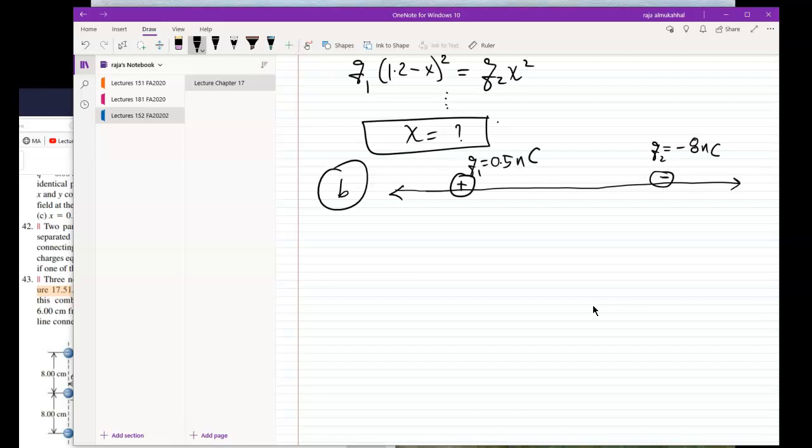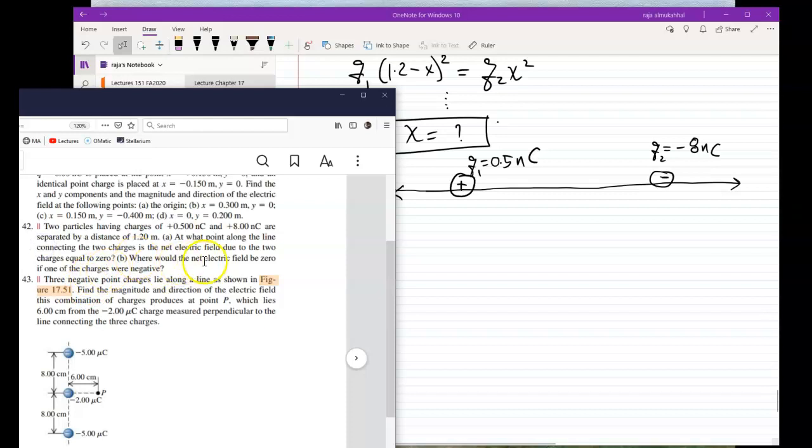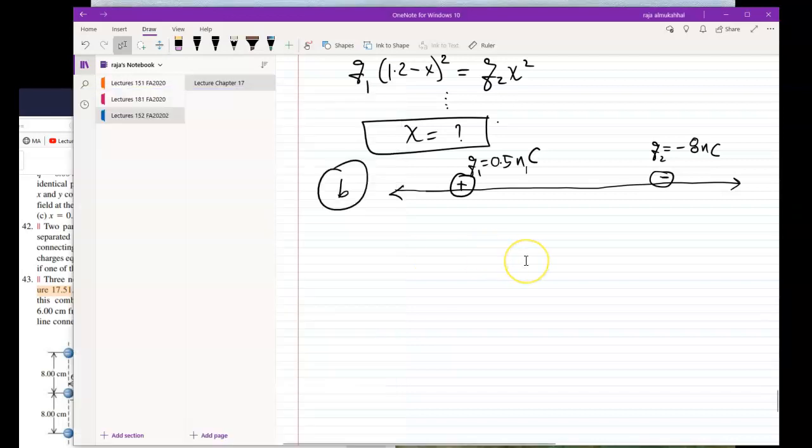Where would the net electric field be zero if one of the charges were negative? If I pick a point in the middle like I did in the previous problem, let's see what happens.